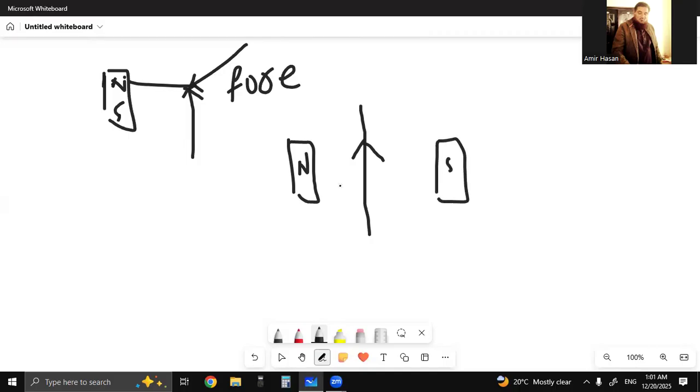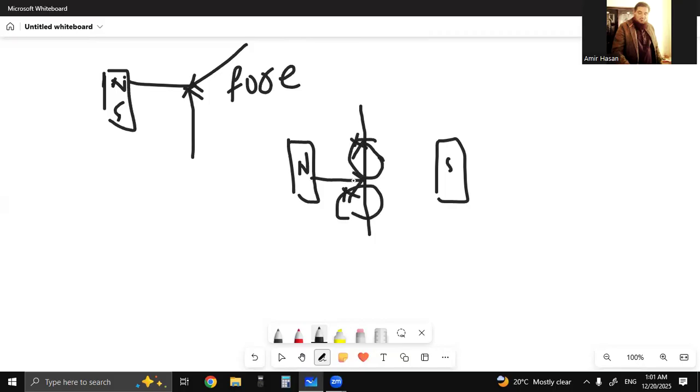Now what happens? This field and the movement of the charge, the third quantity, produce the force. Why is the force produced? Because when current or charge moves in a coil, a magnetic field is produced around the coil.